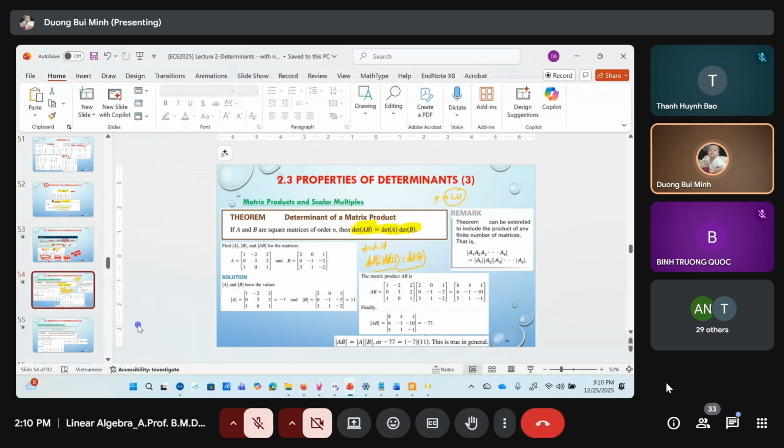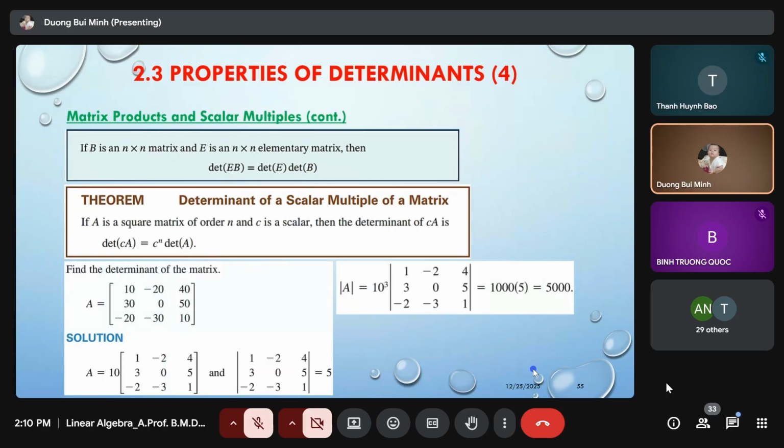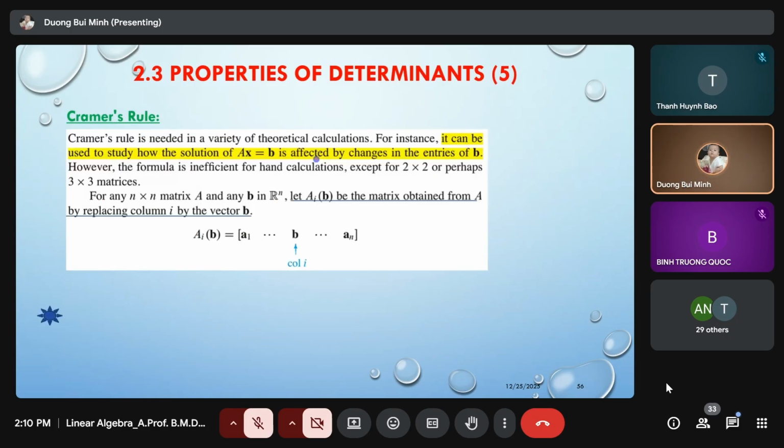Okay, so continue. We also discussed this one, right? Just skip it.